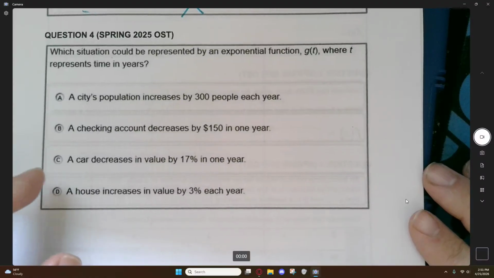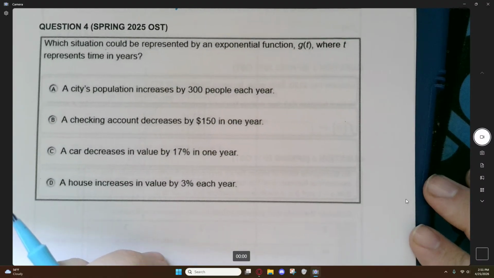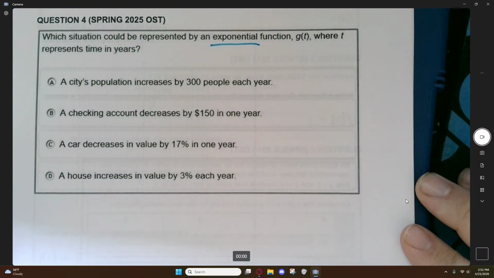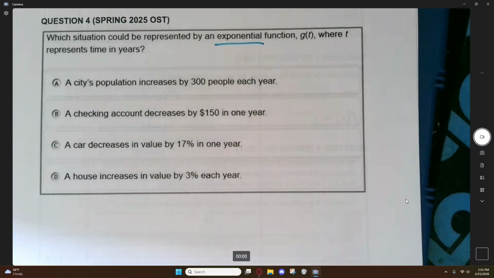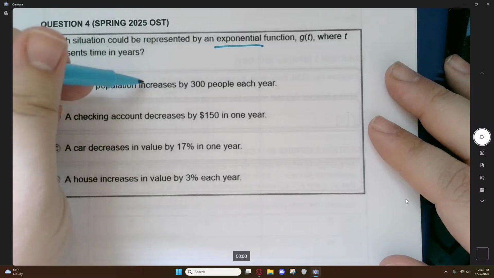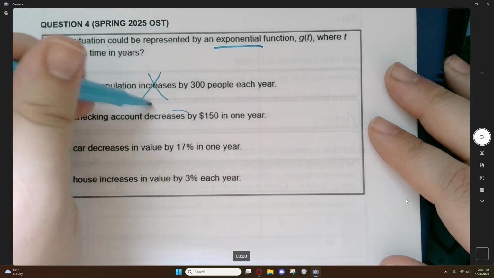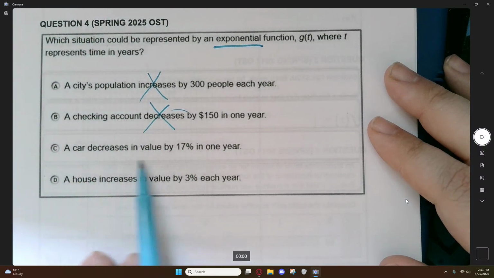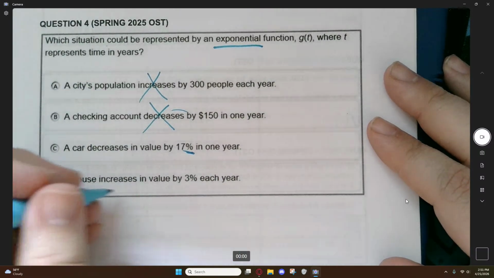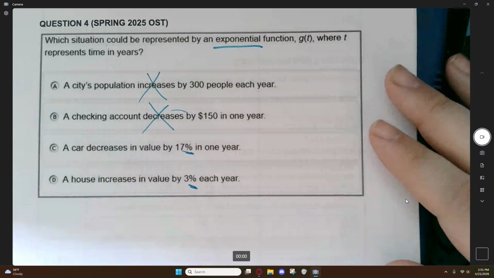Question 4. Which situation could be represented by an exponential function, g of t, where t represents time in years? So again, we're going to just very quickly eliminate any choices that don't have percentages. 300 people each year? No. $150? No. A car decreases in value by 17% in 1 year. A house increases in value by 3% each year.